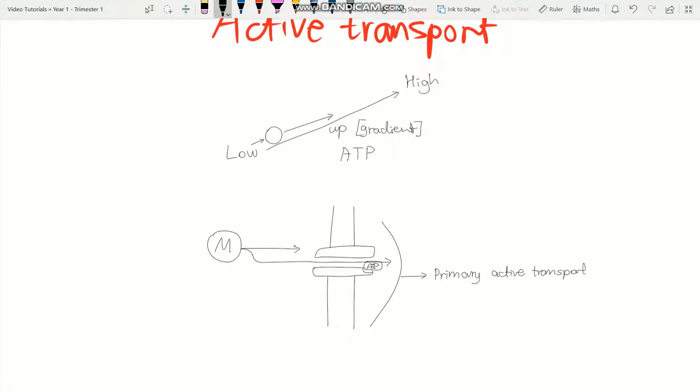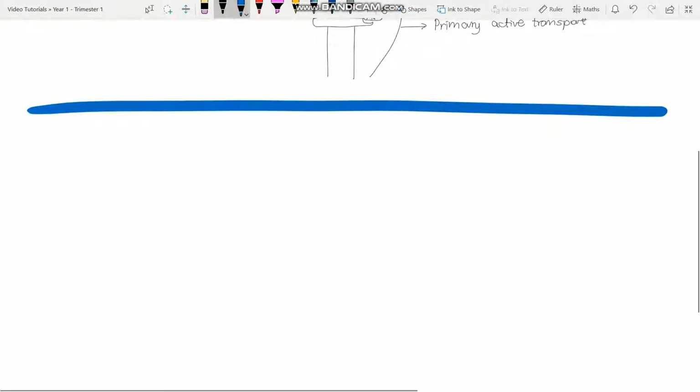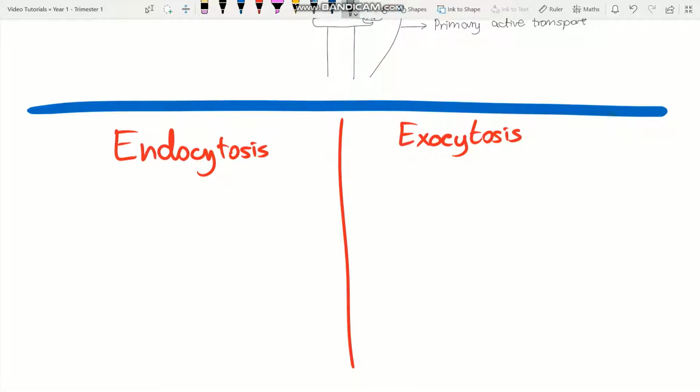Firstly, I just wanted to go through the different types of active transport that exist within cells. The two main headings under which active transport can fall are endocytosis and exocytosis. There are four main types of endocytosis that can occur within cells.